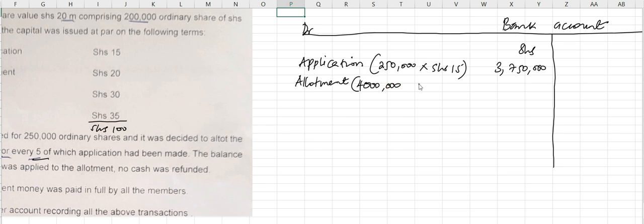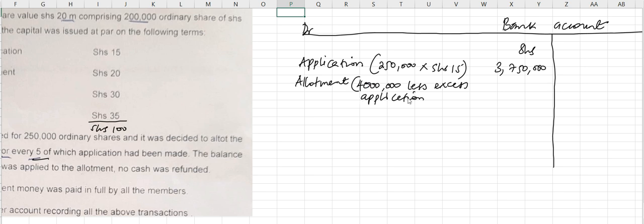But of course, I have to less the excess application money received. The excess application money received is for the 50,000 applications, and on application each share is shillings 15.